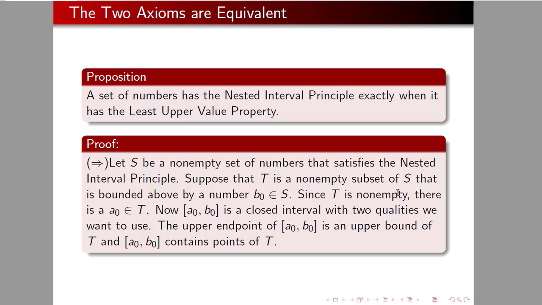Since T is non-empty, there is an A0 element of T. Now this closed interval [A0, B0] has two qualities, and we're going to iterate through a sequence of intervals using these two qualities. The upper endpoint of this interval is an upper bound of T, and the interval itself contains points of T. Hold that in your pocket right there.